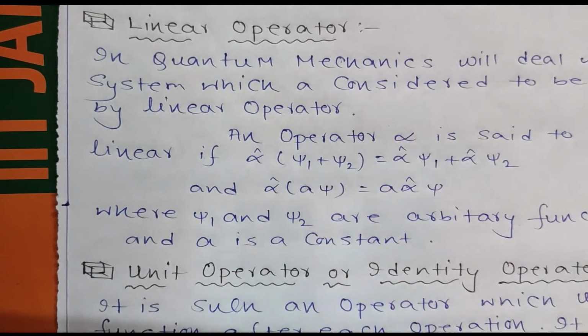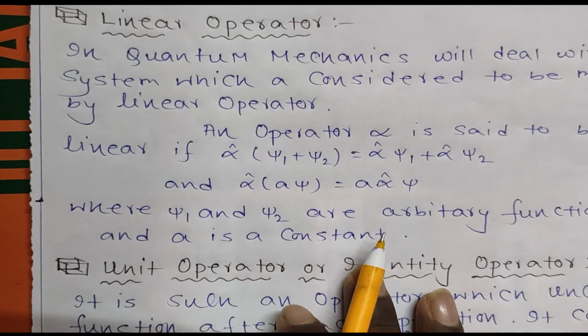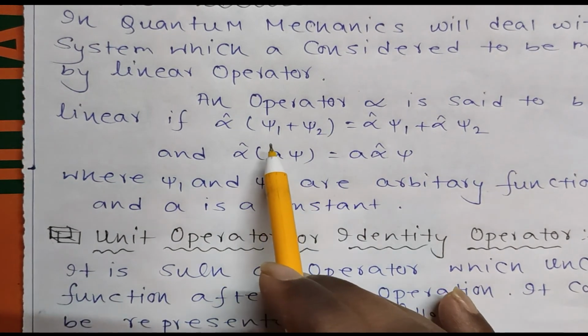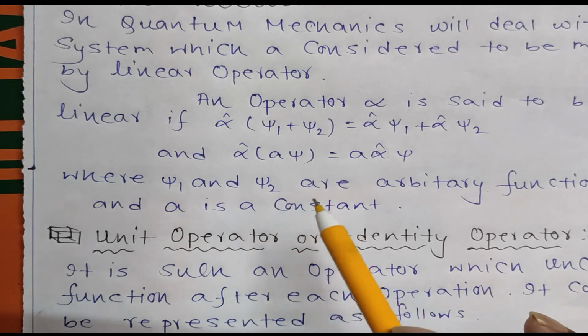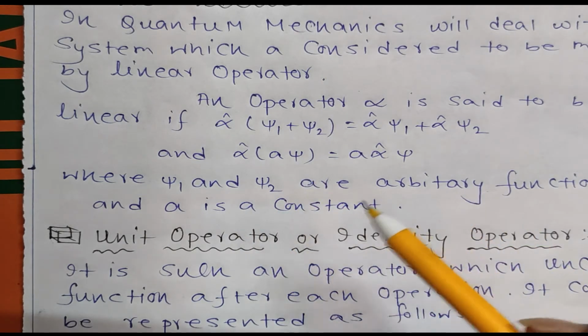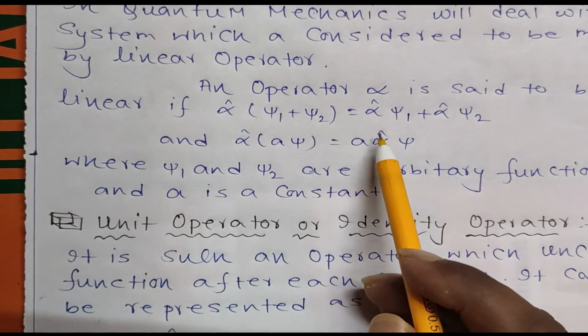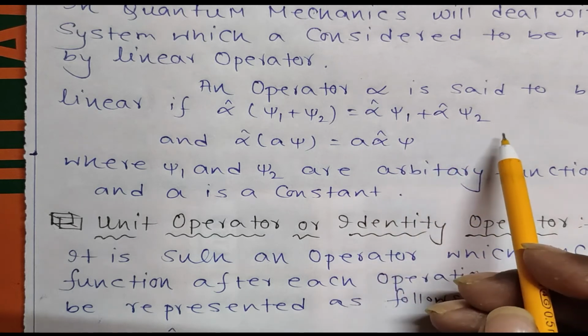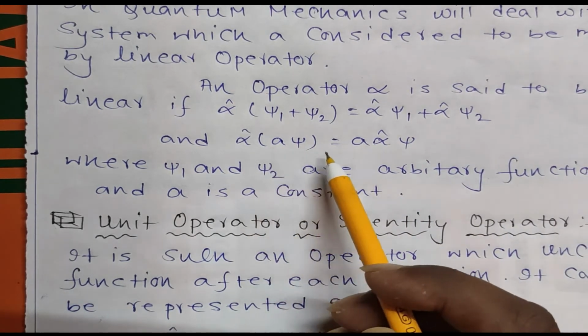The next topic is the linear operator. In quantum mechanics, we deal with systems which are considered to be described by linear operators. An operator alpha is said to be linear when alpha (psi 1 plus psi 2) is equal to alpha psi 1 plus alpha psi 2, and alpha (a psi) is equal to a alpha psi.